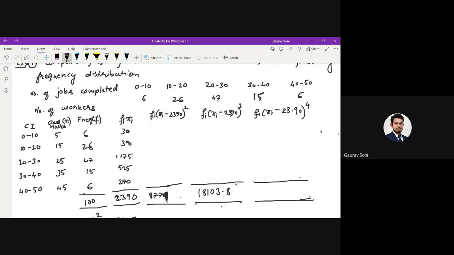Last column, anyone? It's almost done. Then I'll tell you a shortcut way of doing it.